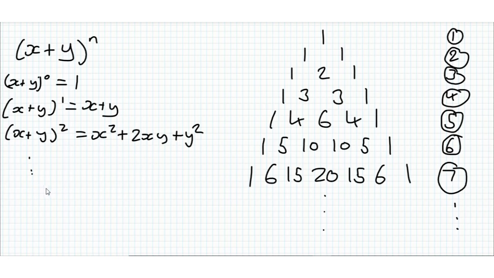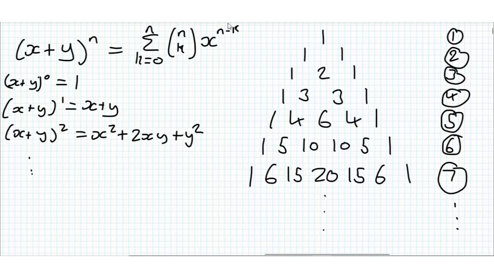So to write this formally, x plus y to the n is equal to the sum from k is equal to 0 of n choose k, that's what this notation is, and we'll look at this in more detail in future videos, of x to the n minus k, okay, because when k is 0, that's our x to the n, so we're starting with n, and y to the power of k.